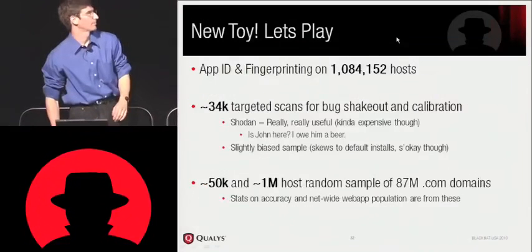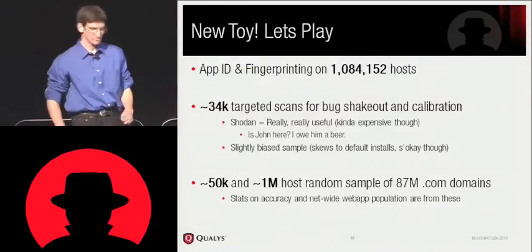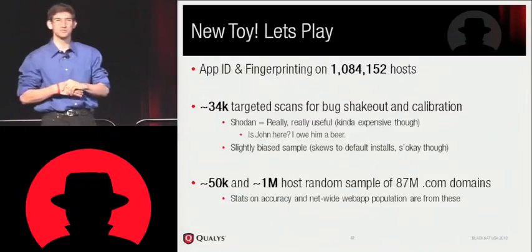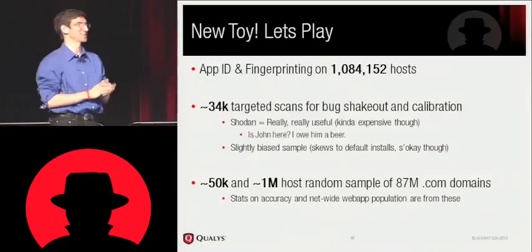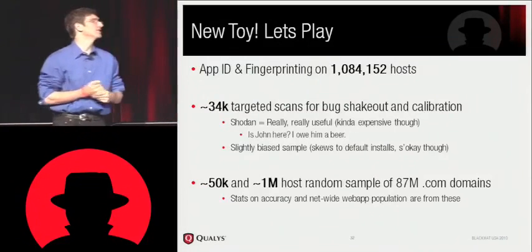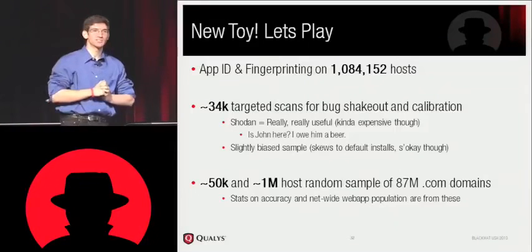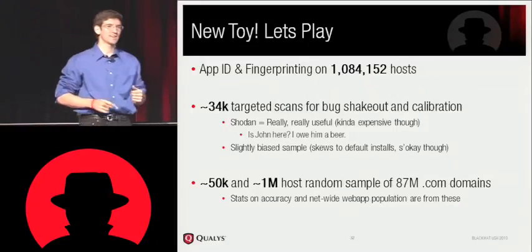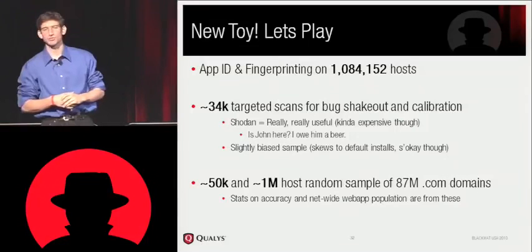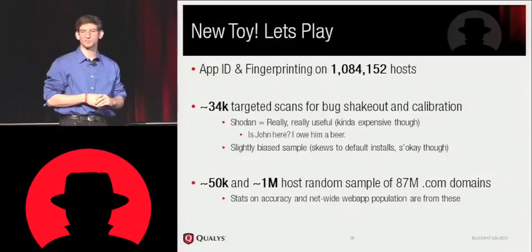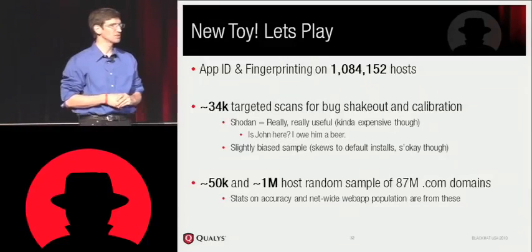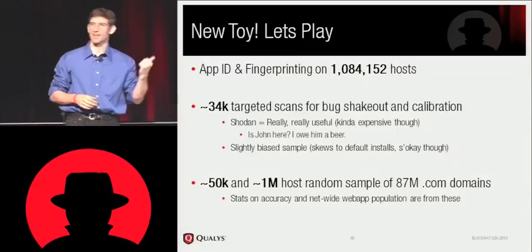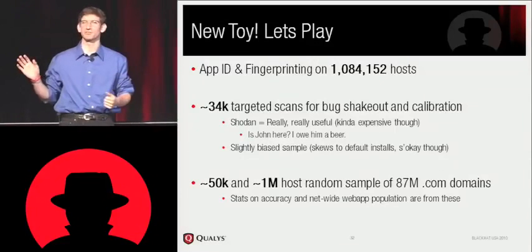There we go. Okay, we've got this toy. We assume that it works, evidence to the contrary notwithstanding. Did a whole bunch of targeted scans based on Shodan to say, all right, go get a whole bunch of things that we're pretty darn sure are WordPress, hit them, get versions, try and shake out some bugs. A bunch of scans on that. John helped me out a lot. Is he here? I told you I owe you a beer.